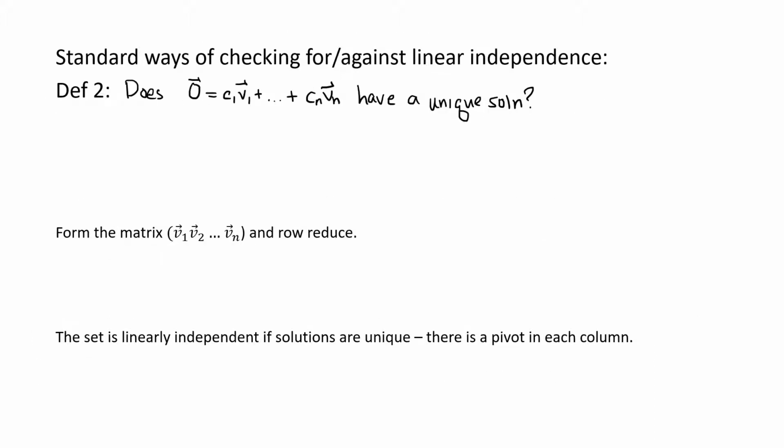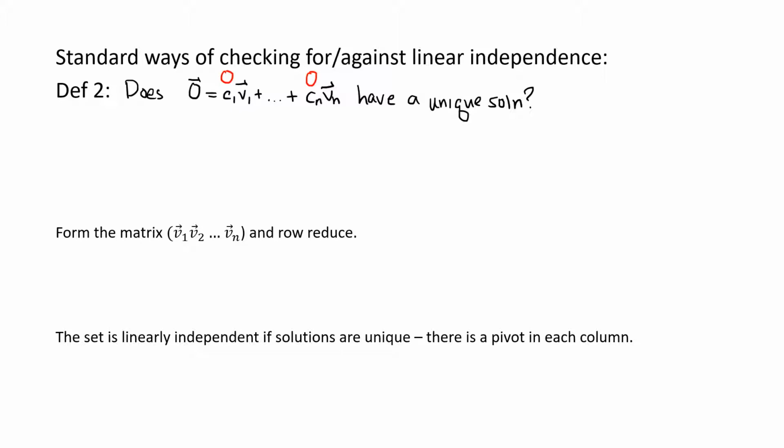Okay. So one standard way of checking for or against linear independence is using definition 2. So definition 2 says that a set is linearly independent if the vector 0 has only one way of being written as a linear combination of V1 through Vn, and that is just by multiplying each one of these vectors by the scalar 0.